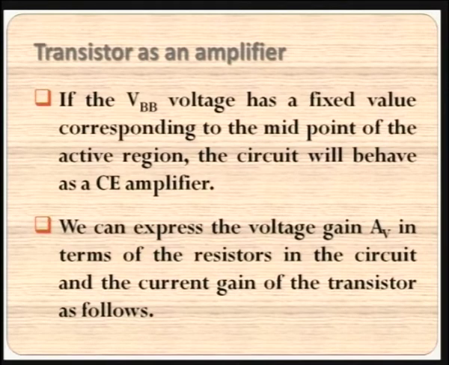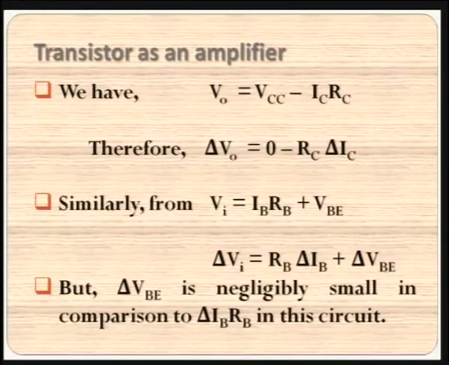How is the circuit analysis done? As I have already shown the circuit, the application of Kirchhoff's voltage law for the two loops on the input and output side will become handy now. The same thing is done. Let's see how the voltage gain expression is obtained for the given circuit.